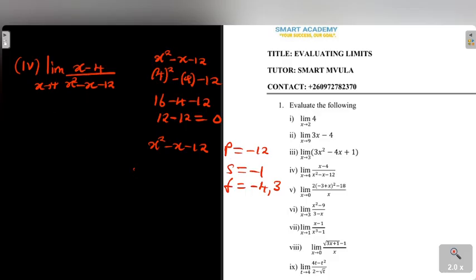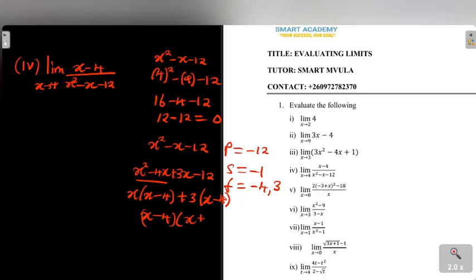So now we have x squared minus 4x plus 3x minus 12. Between these two terms, you factor out x, which is common, then you have x minus 4. Here you factor out a positive 3, which is common, so you have x minus 4. So here we have x minus 4, and that is x plus 3.